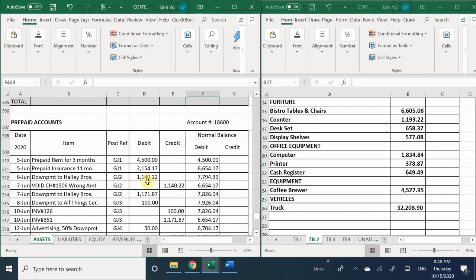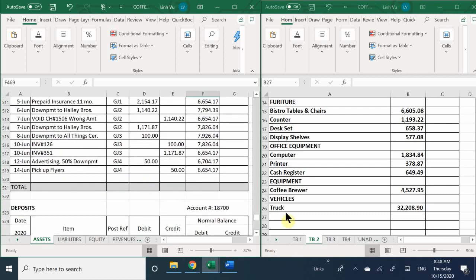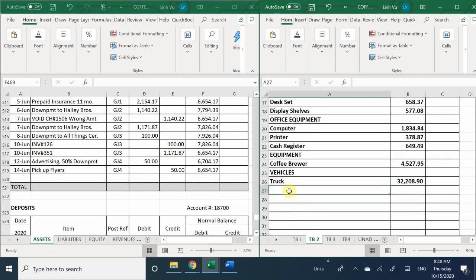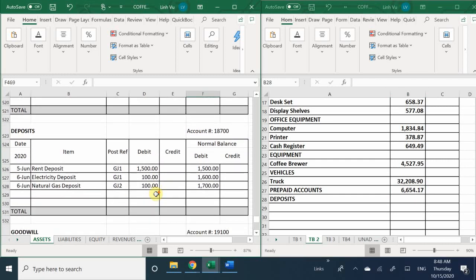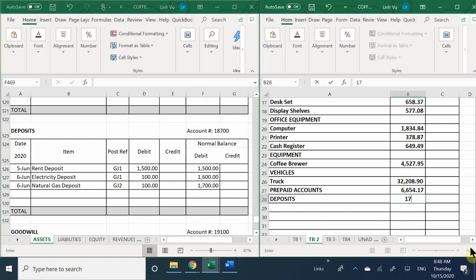Then we have our prepaid accounts, which currently have $6,654.17. My deposits are currently outstanding for $1,700.